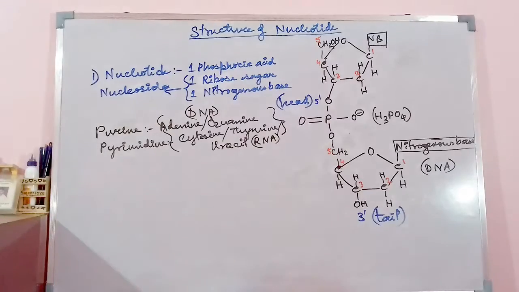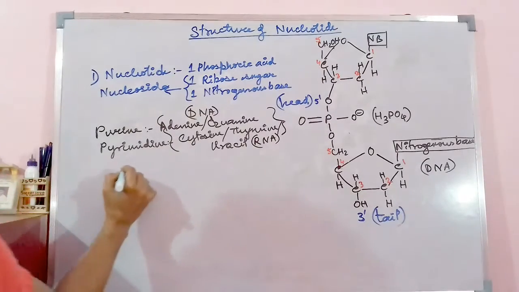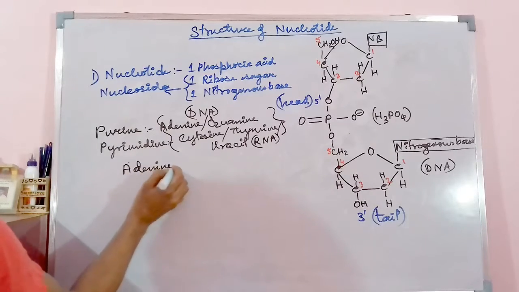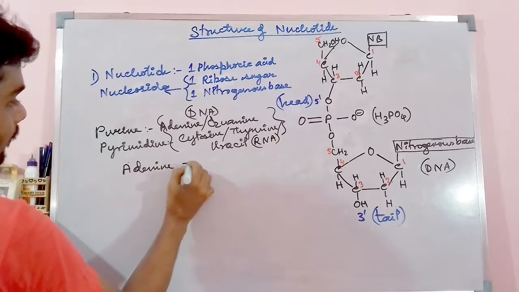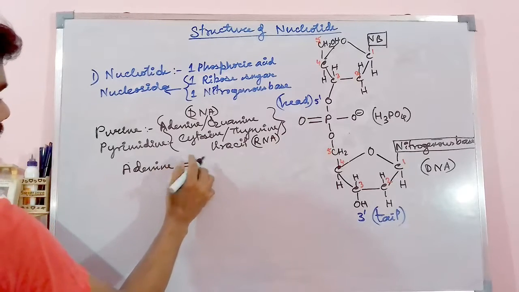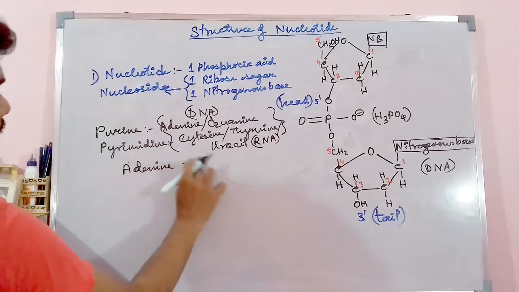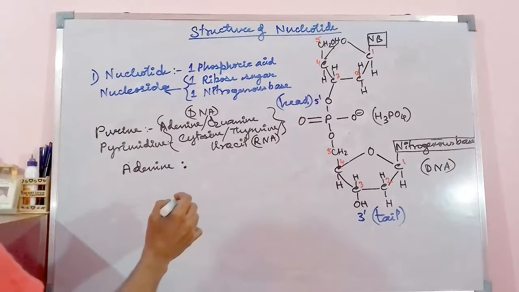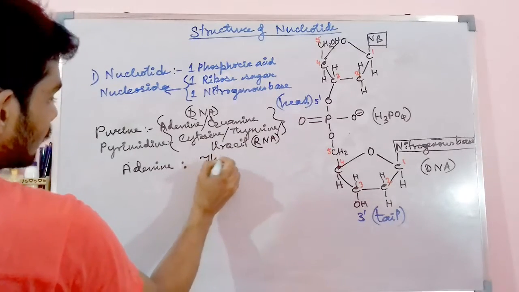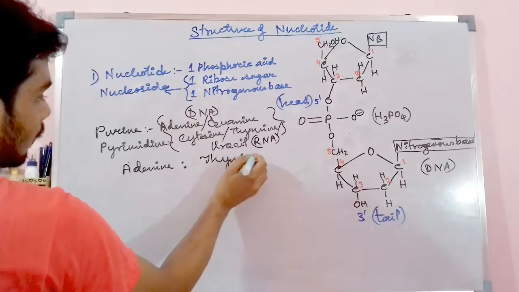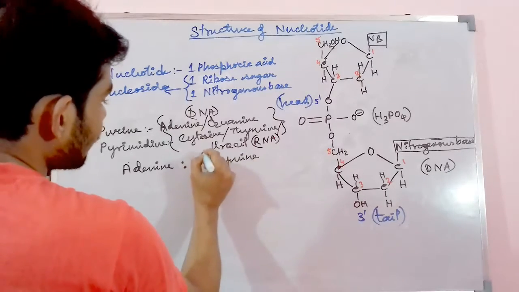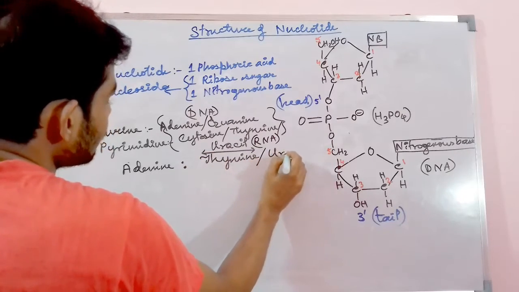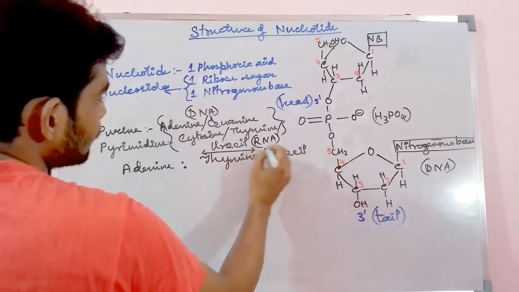Now always remember that the adenine nucleotide is complementary to thymine in case of the DNA, or uracil in case of the RNA.